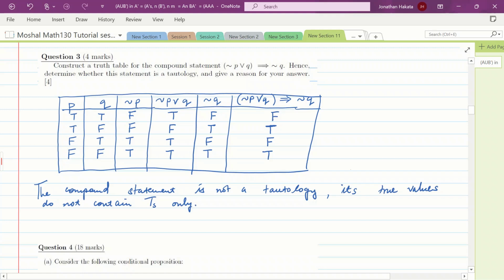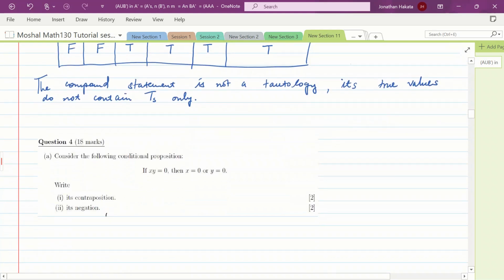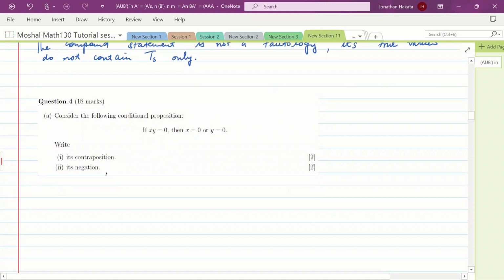And it is not a contradiction either, because there are truths in there. So it's not a tautology because the outcomes are not all T's. If all were T's, then we would say, okay, that's a tautology. I hope you understood. Let's move on to question number 4.